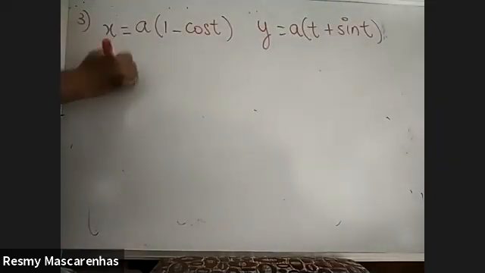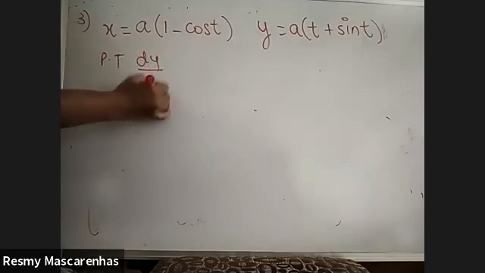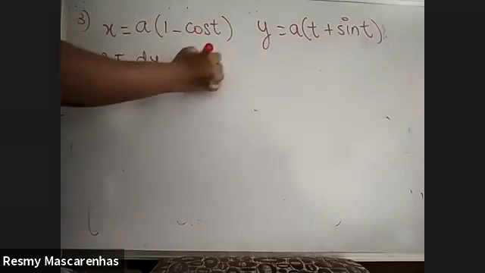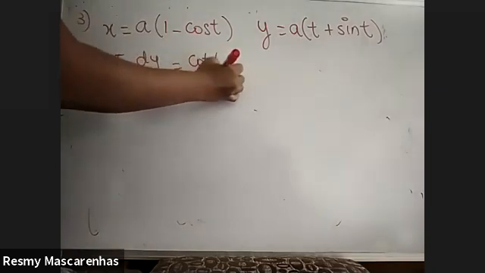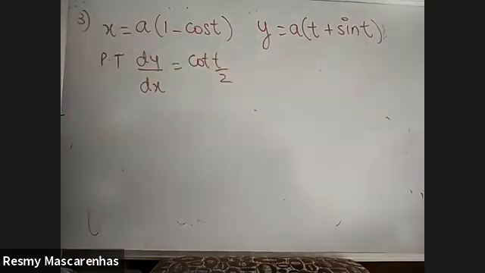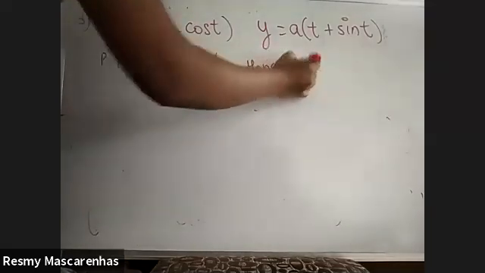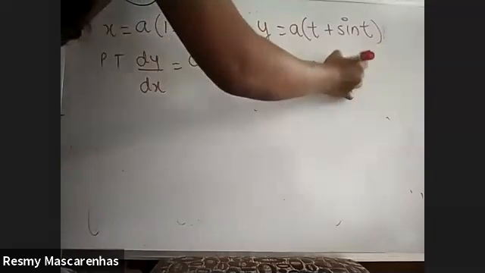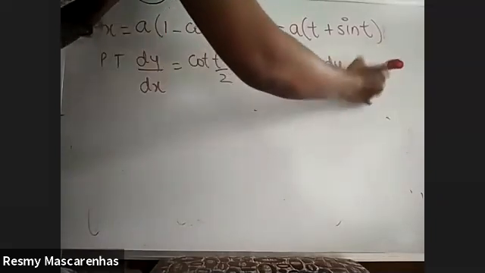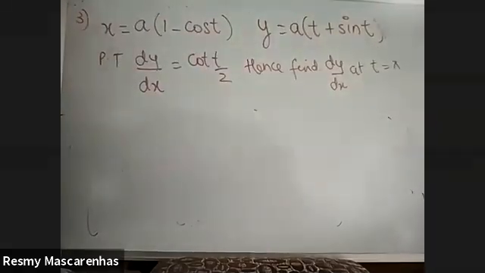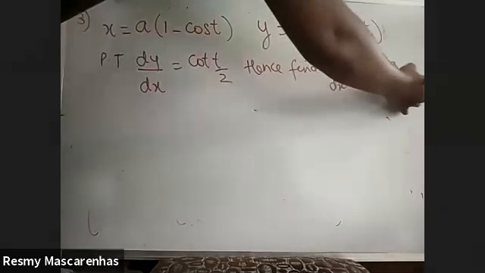Prove that dy by dx is equal to cot(t by 2). Cot t by 2. Hence find dy by dx at t equal to pi by 2.